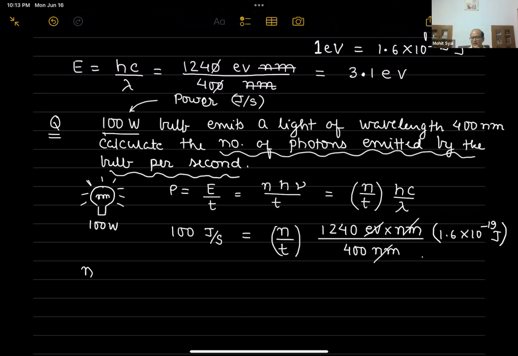So n by t is 100, and that was 3.1 electron volt from the last calculation.